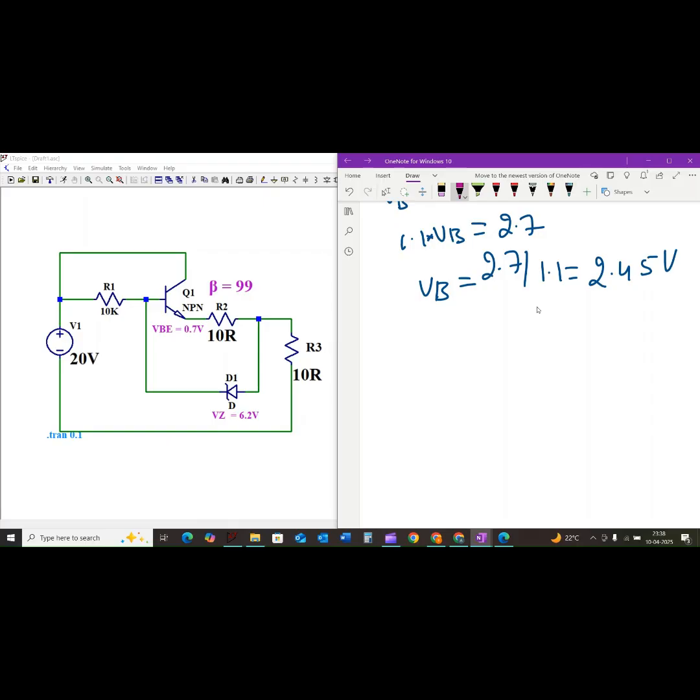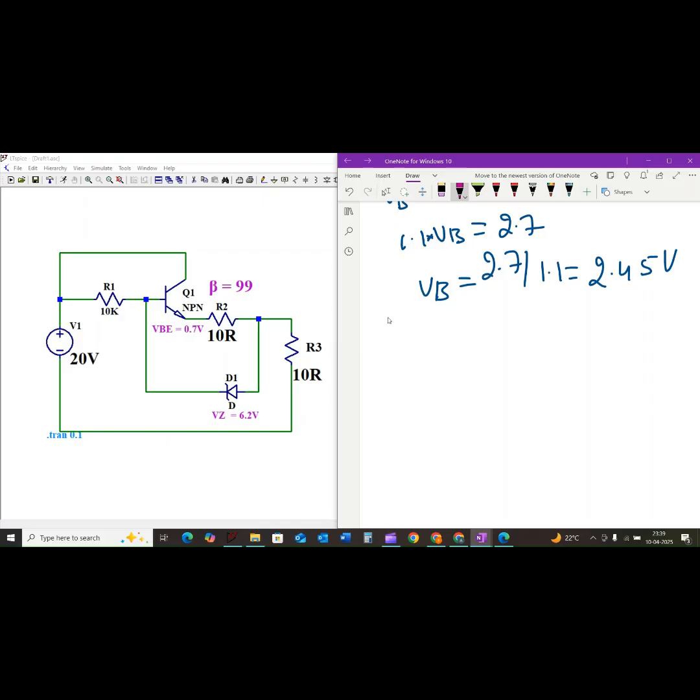Since this is less than the Zener diode voltage 6.2 volts, our assumption that the Zener is not in breakdown is correct. Now we can find the emitter voltage and the current through the resistor R3. This is a more accurate base voltage.